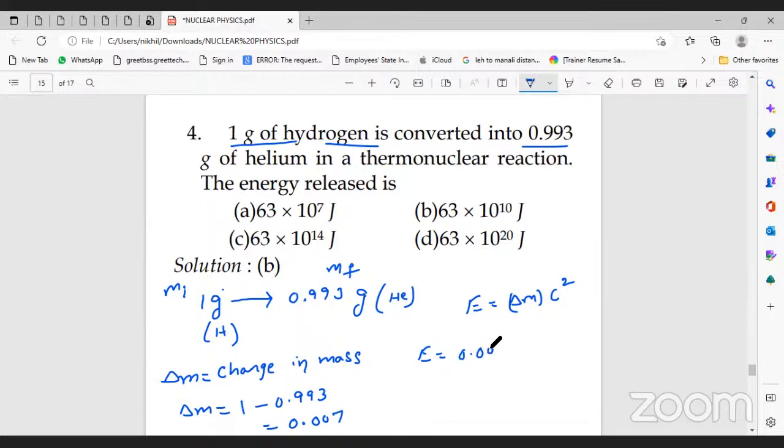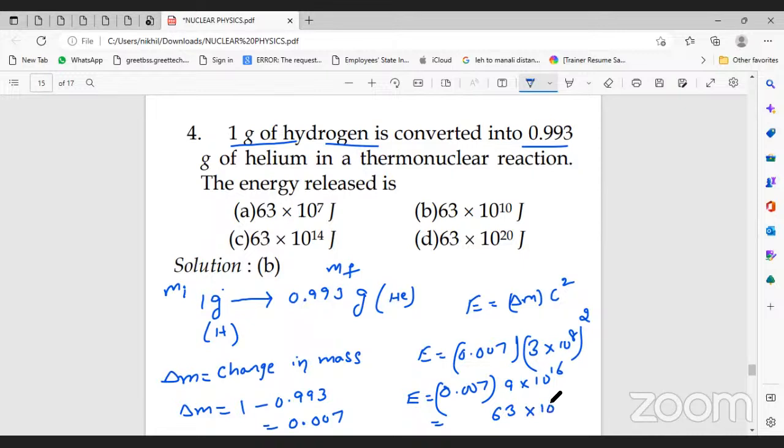Yeah, delta M is 0.007, right? Into C squared, that is 3 into 10 power 8 square. So 0.007, 3 squared will be 9 into 10 power 16. 9 into 7 will be 63 into 10 power 19, right?